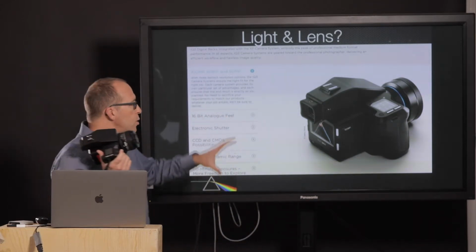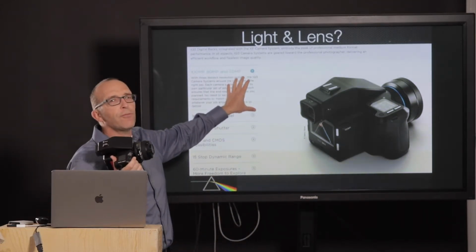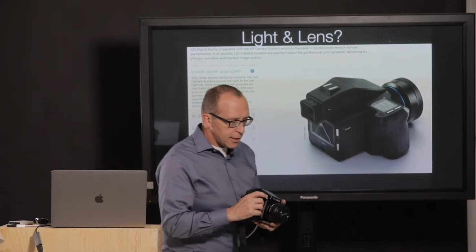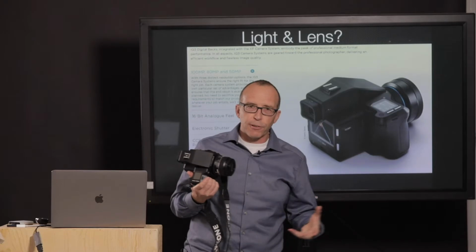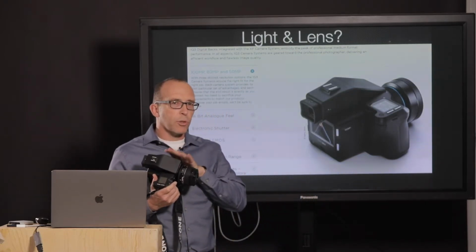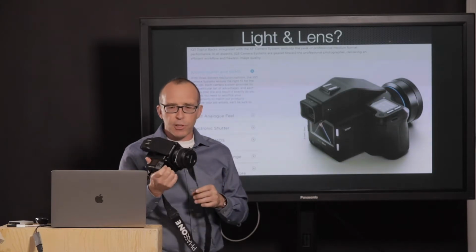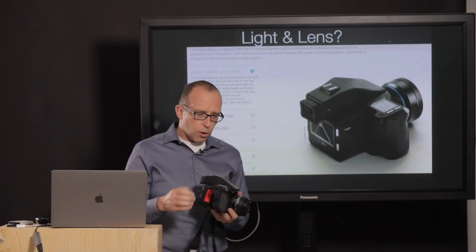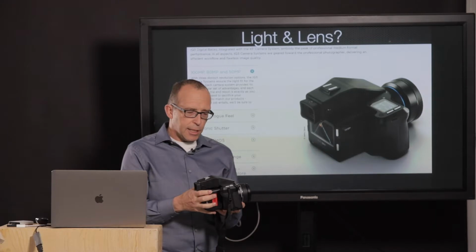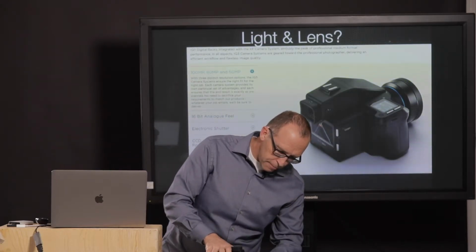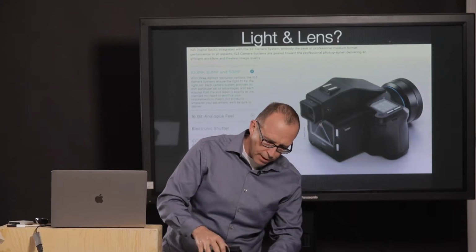So why? Who cares? Why do we care about this formula? Why do we need to know it? Well, part of that is so that as you're working with different formats, and there might be times when you're going to work with a medium format like this phase camera, that we have a bunch of in loans, it has a completely different sized sensor. Let's see if I can get this thing off. Than what you have in your camera.